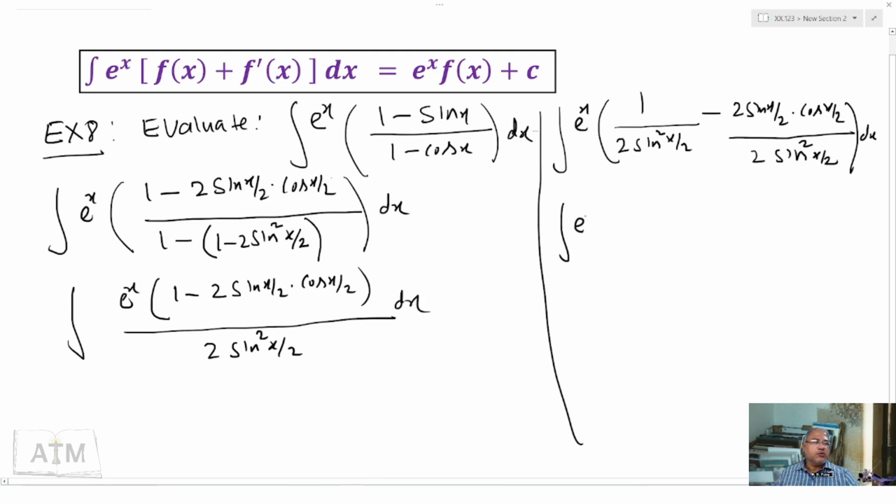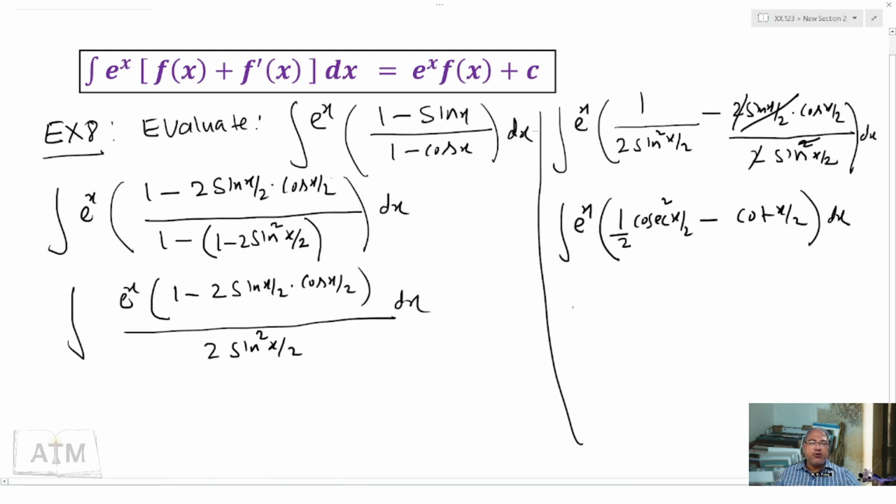This is equals to e raised to x. Here 2 gets cancelled, sin x by 2 gets cancelled. We get here 1 by 2 cosec square x by 2 minus cot x by 2 with respect to x. So we got the two terms in the bracket. One becomes f of x and the second becomes f dash x.